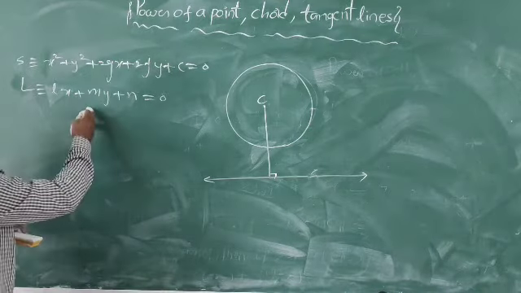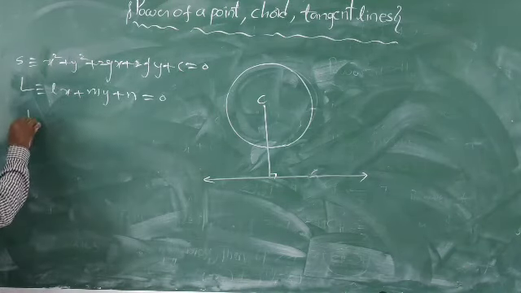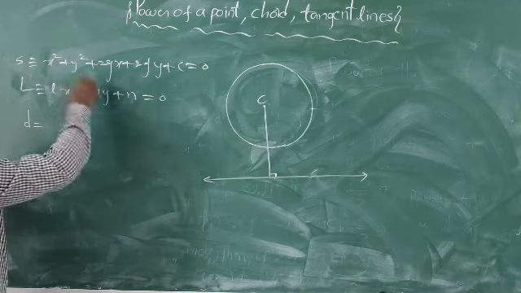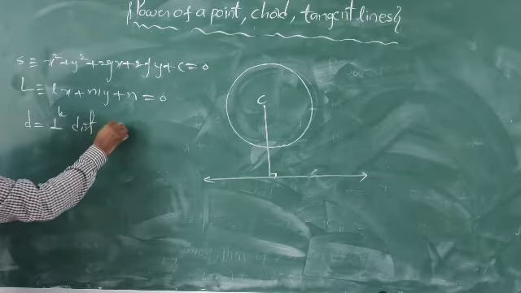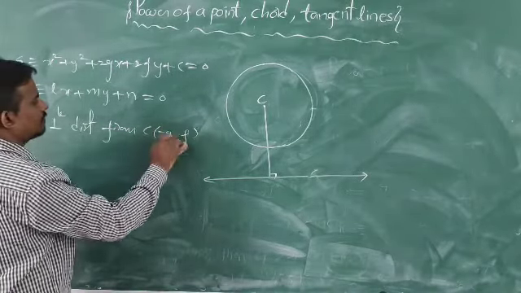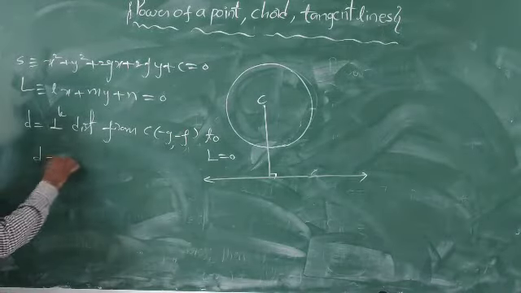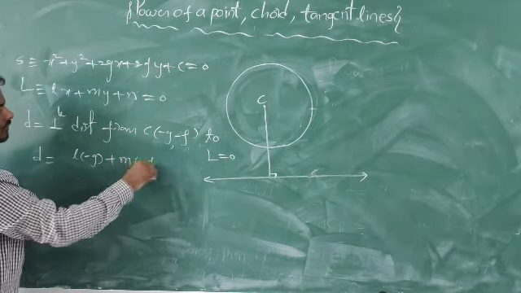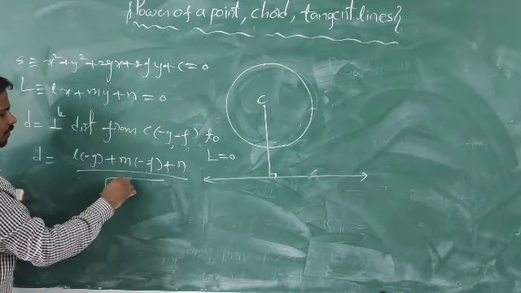When we take a straight line and a circle, we may find the distance between the point and the straight line. The perpendicular distance from C(-g, -f) to the line L equal to 0 is d = |l(-g) + m(-f) + n| by square root of l square plus m square.